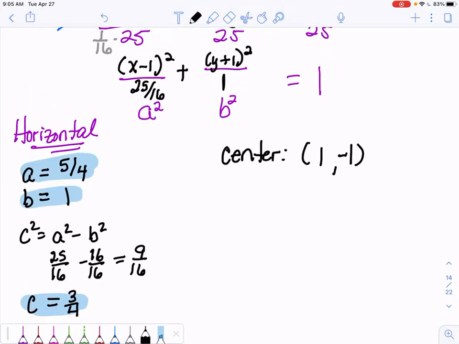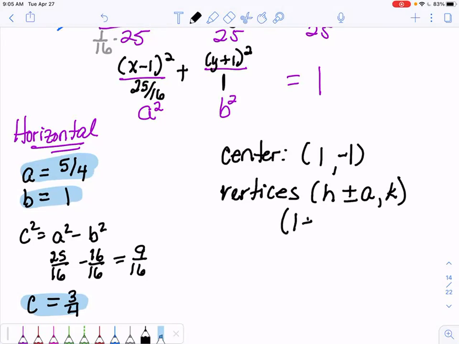So we have 1, -1. Peter said it's horizontal. So that means my X has to change. So when you go to find your vertices, you're taking the H from the center and adding or subtracting A. Nothing's happening with K because it's a horizontal graph. So 1 plus or minus 5/4.